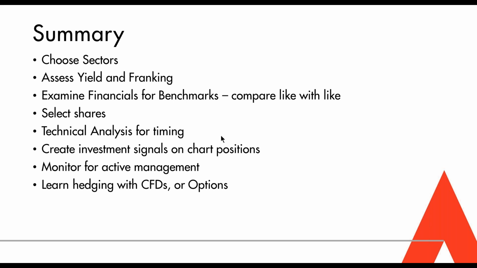You would create your own investment signals on your charts for that timing. Once you had the shares in your portfolio, you obviously need to monitor them for active management so that when they take a pullback, you can hedge that pullback with a CFD or an option.